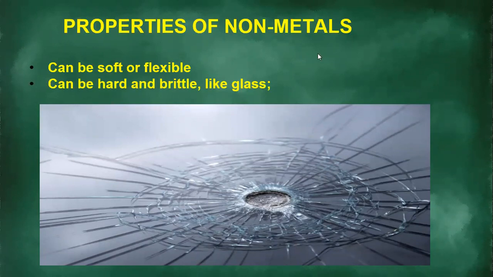All right, let's talk about nonmetals. Nonmetals generally can be very flexible, okay? So for example, rubber is very flexible.